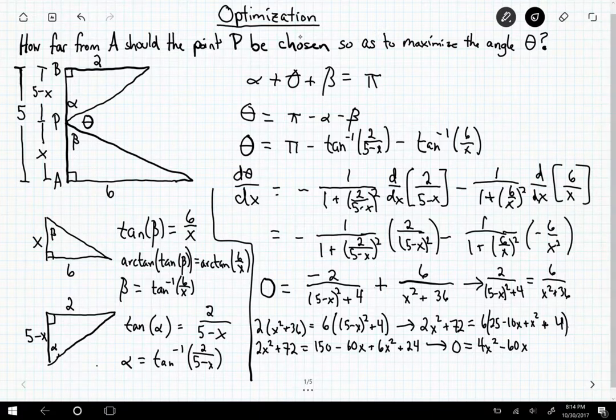We have 174 minus 72. That makes what? 102? Is that correct? So this thing should be then plus 102. Okay. So now, how do we solve this? Well, you can use your quadratic formula right away, but it might be one extra step.